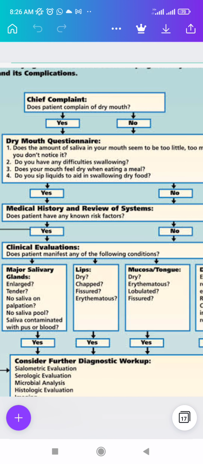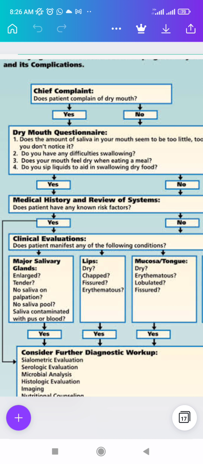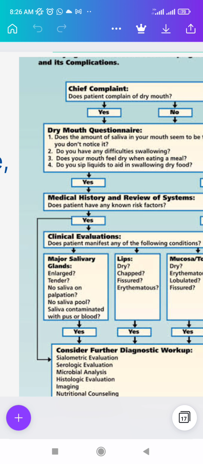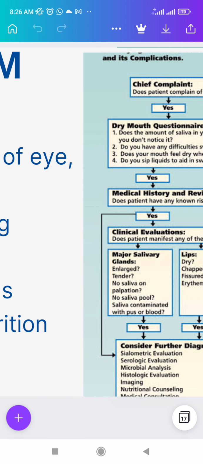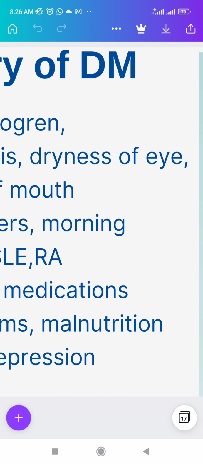These are the consequences of dryness of the mouth and confirmation of the dryness of the mouth, and especially these symptoms are suggestive of true xerostomia. If there is true xerostomia, always think about diseases of the salivary glands. If it is pseudoxerostomia, then think about systemic illnesses.